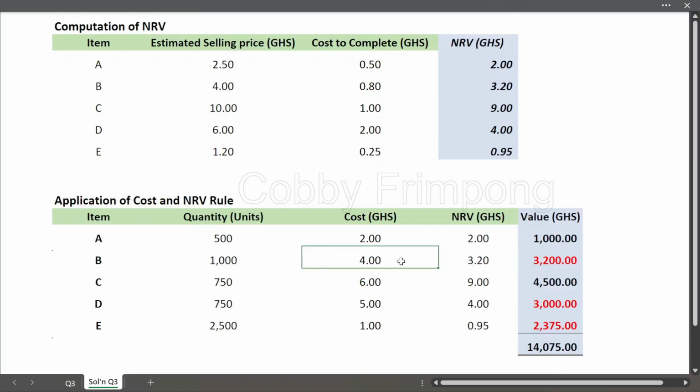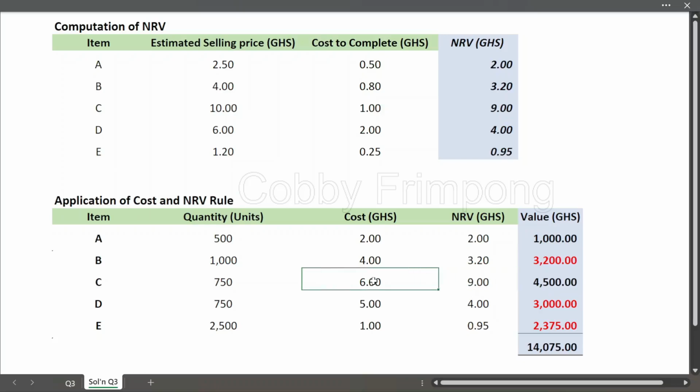The lower of this is 3.2. So to get our value, we multiply the quantity 1,000 by the net realizable value, which is 3.2, giving us 3,200.